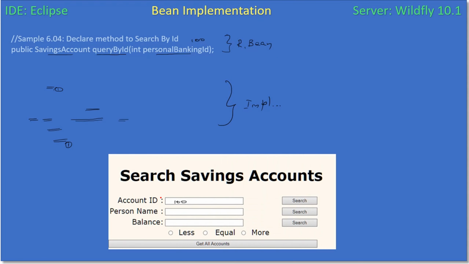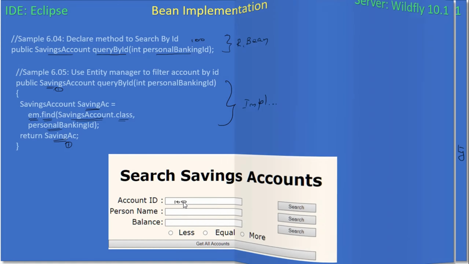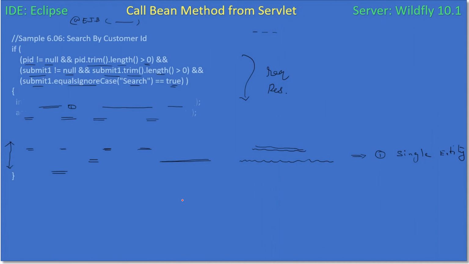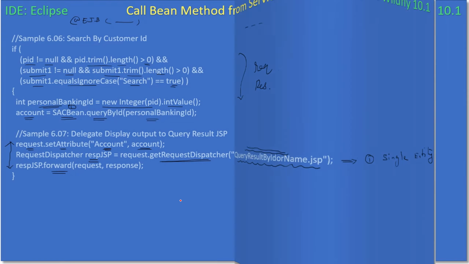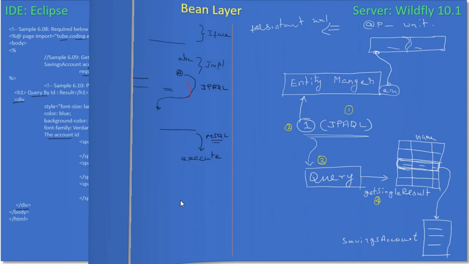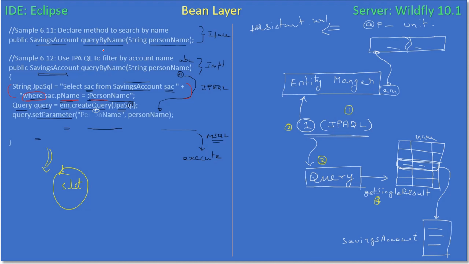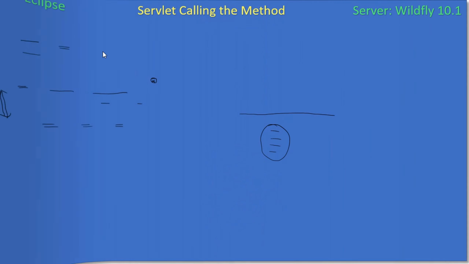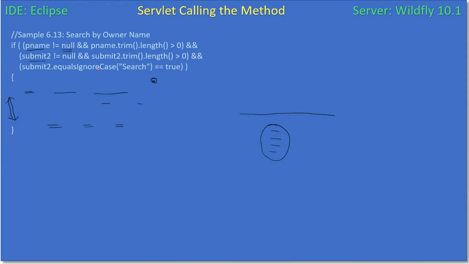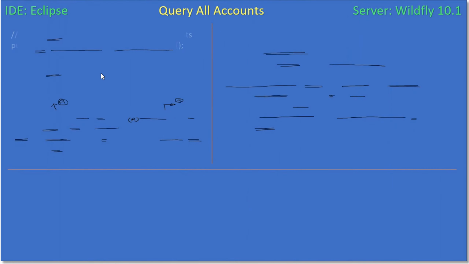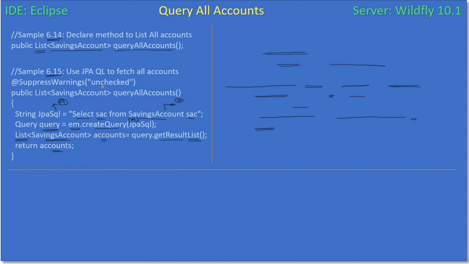So in the first video we implemented search by account ID. After implementing that, we implemented search by account name. So when we implemented search by account name, we introduced the Jpql, and in our previous video we queried all the accounts.